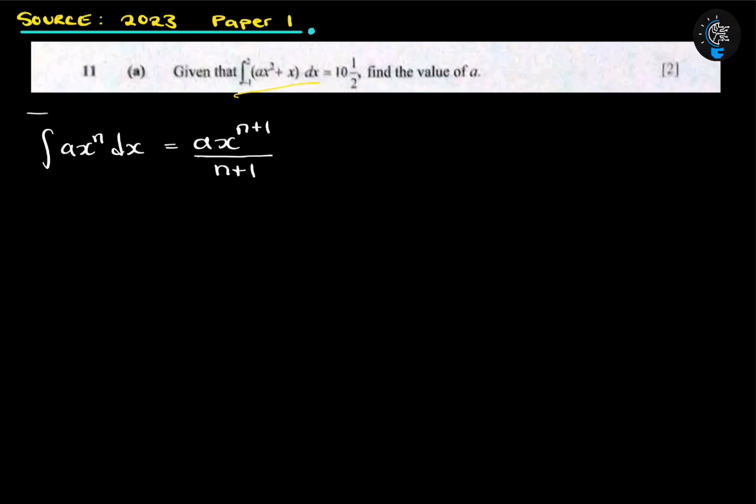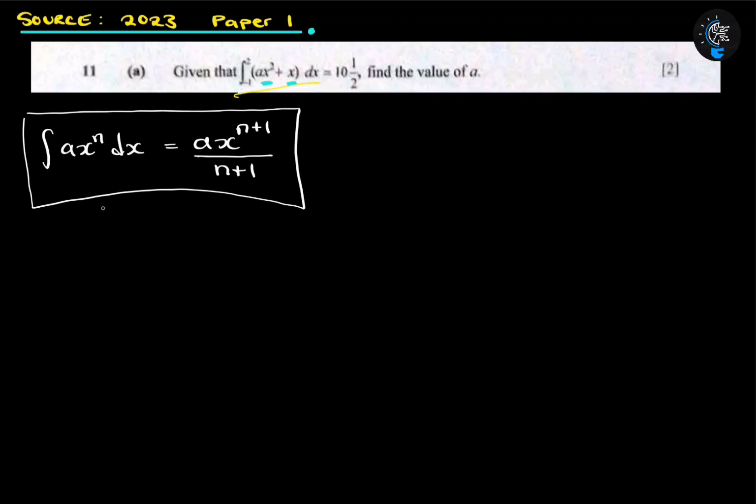So that's how we integrate any kind of simple expression under calculus. We're going to be using this on each part. You can do it separately, or if you are good at calculus, you can just do it at once.